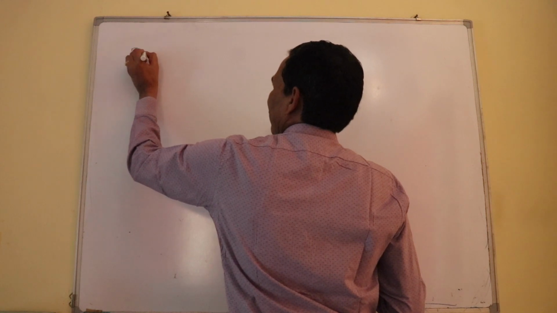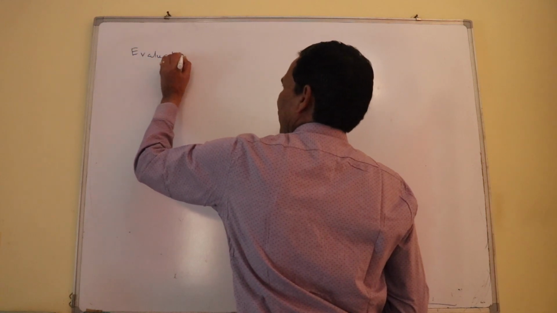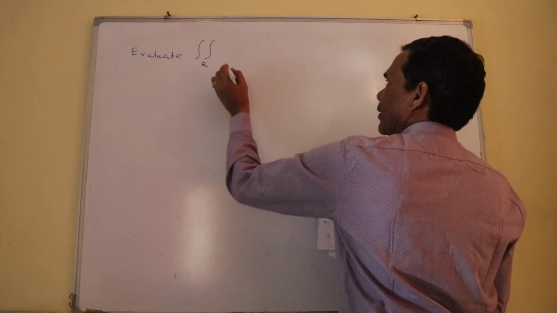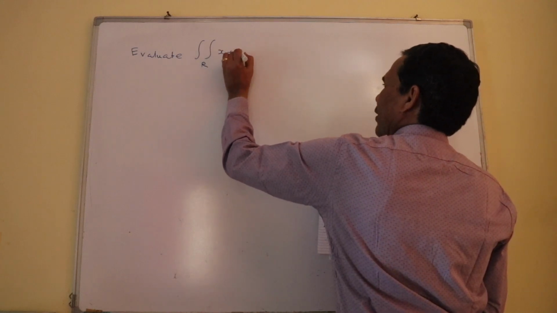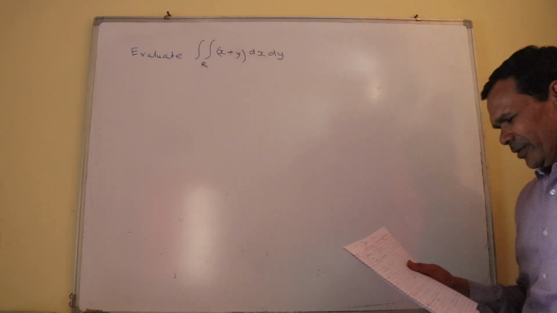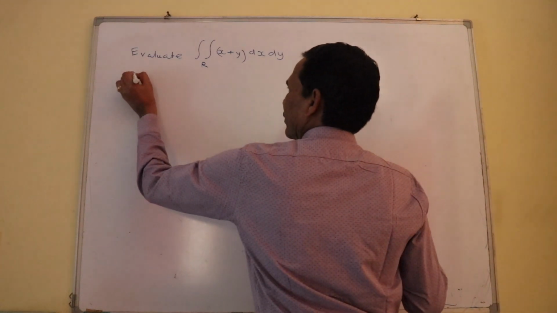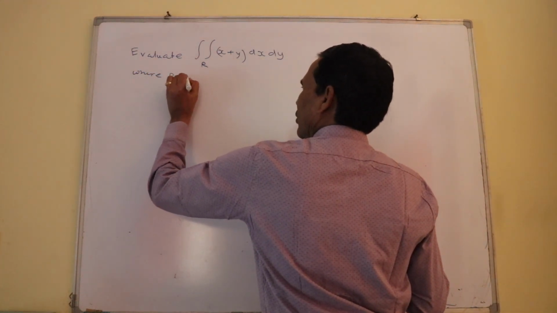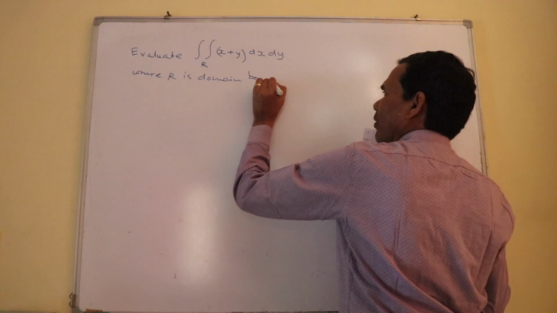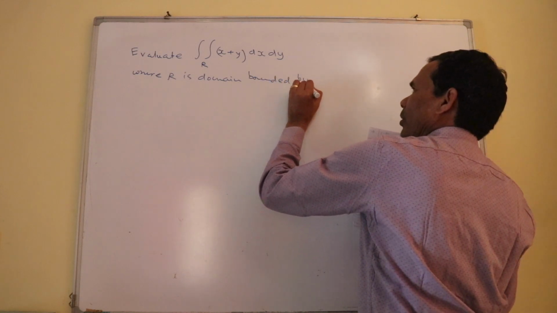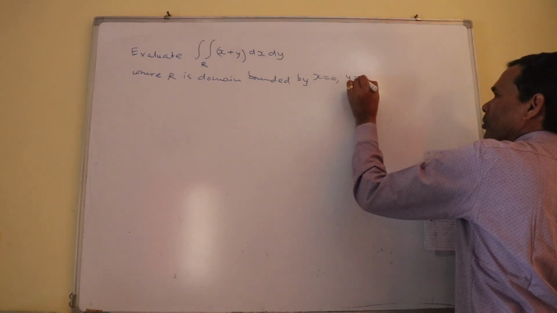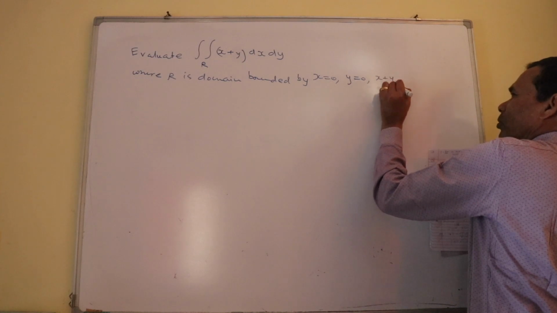Next example, evaluate the double integral over R of x plus y into dx dy, where R is the domain bounded by x is equal to 0, y is equal to 0, x plus y is equal to 2.